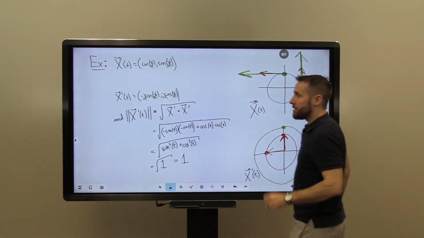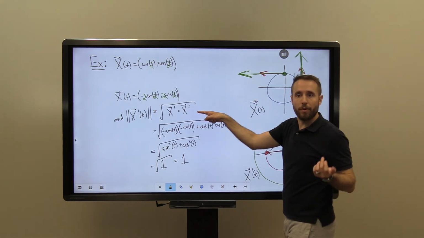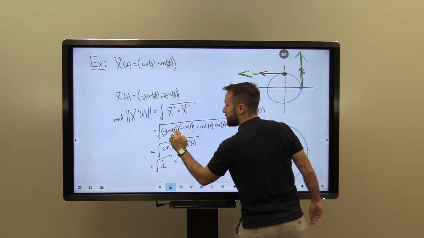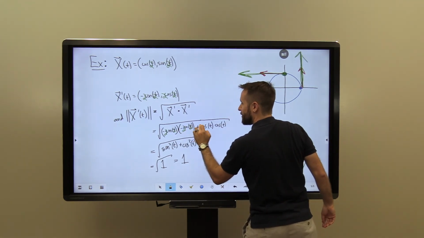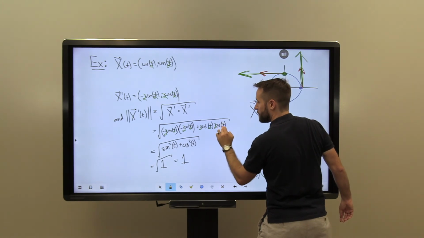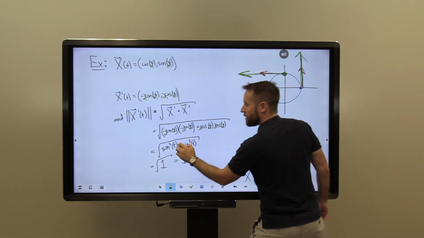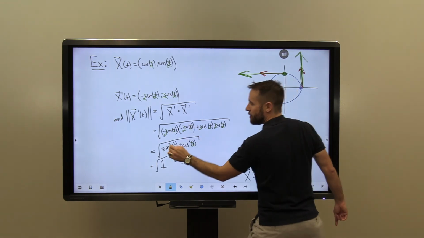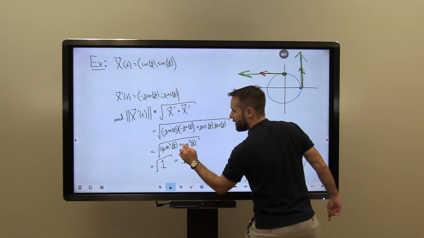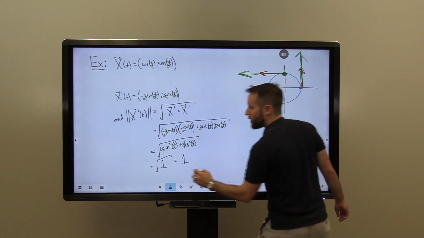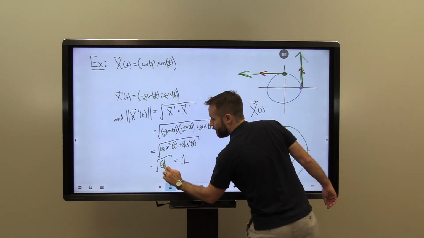Well, to compute the speed, we just compute the square root of x prime dot x prime. We'll end up with these extra factors of 2 everywhere, which I'll draw in quickly. There are extra factors of 2 in here, but on the outside there's a 2 and a 2, so we end up with a 4 and a 4. And so 4 sine squared plus 4 cosine squared is just 4.